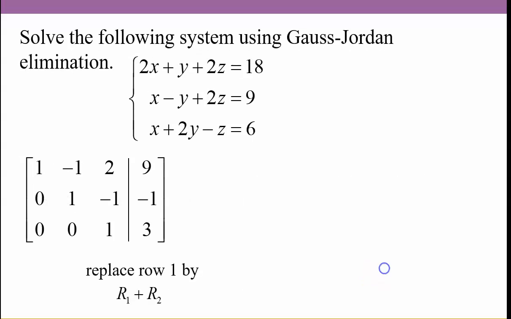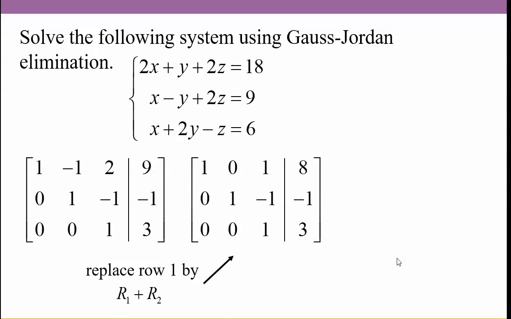No changes yet. Now we're going to replace row 1 by adding row 1 and row 2. So notice what happens here. This becomes a 0, which is what we're looking for, and we'll see it in this next slide. There we go. So we now have a new 1 with a 0 there.